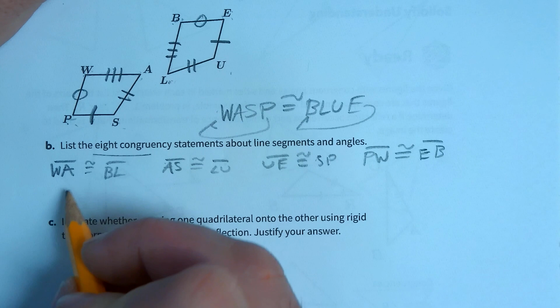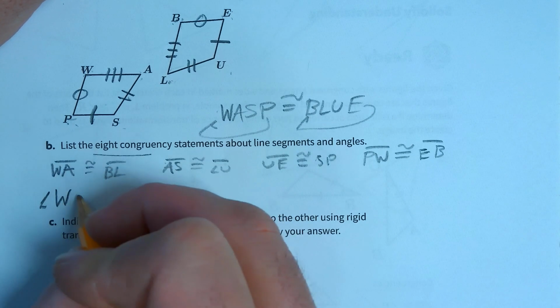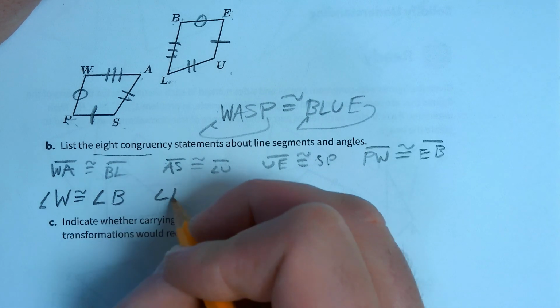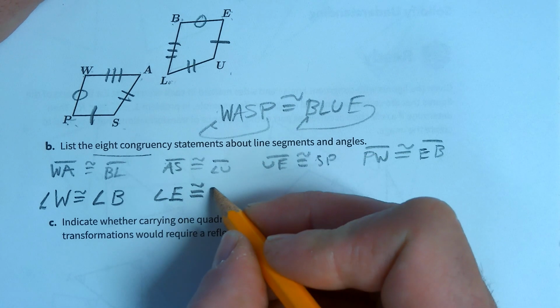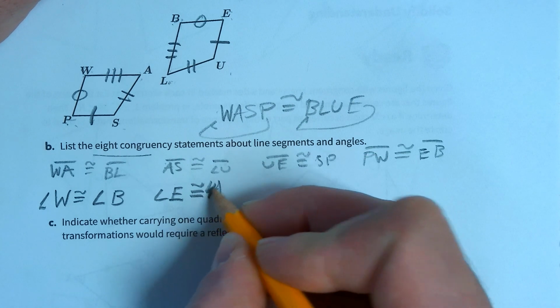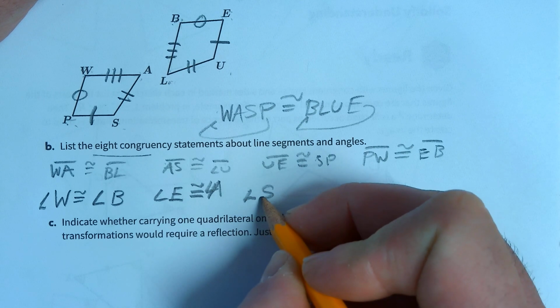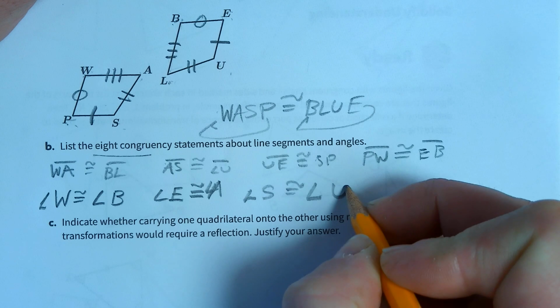There's 8 of them. Now the angles. Okay, at least we don't have to use the triple name. We can just do angle W congruent to angle B, angle E. Oop, I switched it again. I just started the blue one. It's angle A, angle S, congruent to angle U. No, I screwed up.